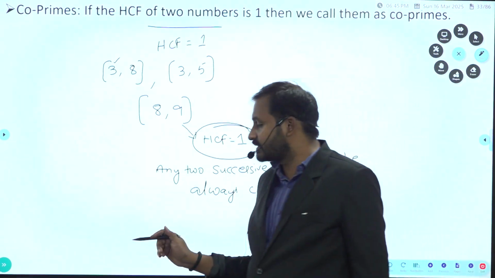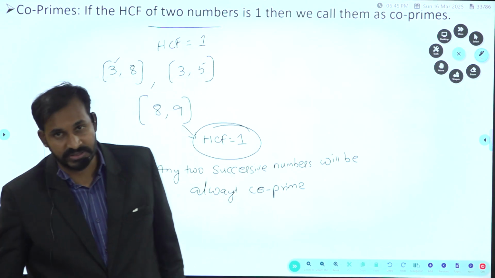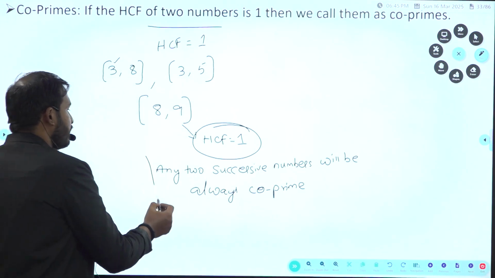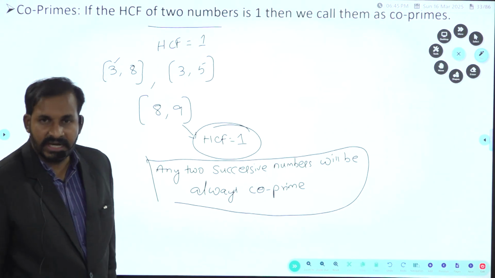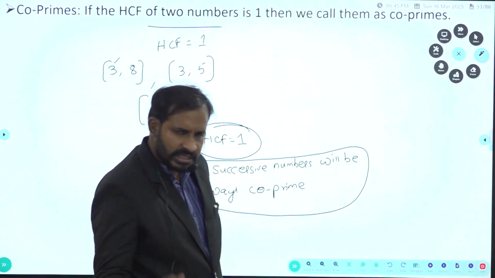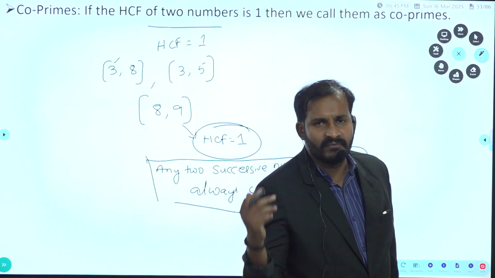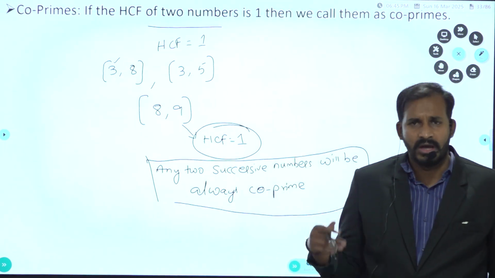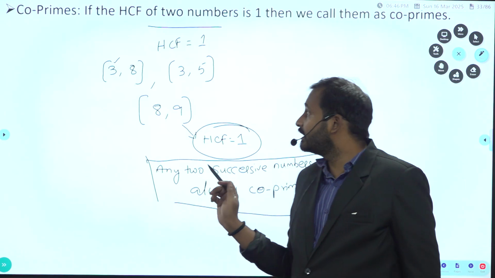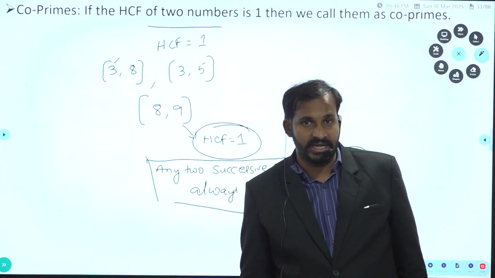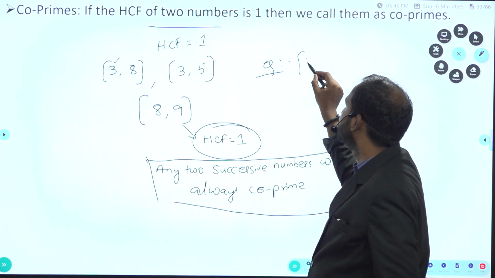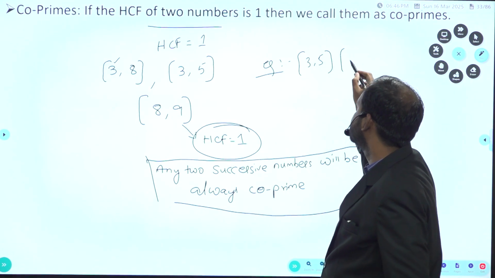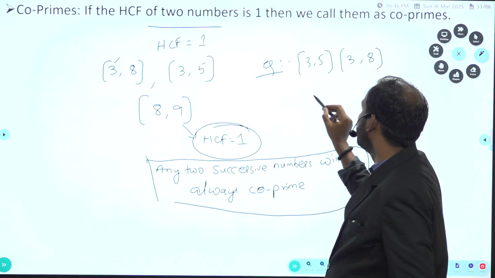Any two successive numbers will always be co-primes. Remember this one. So co-primes can contain any numbers, whether prime, composite, one prime and one composite, both primes or both composite numbers. Examples: you can write 3, 5, both prime numbers; 3, 8, one prime and one composite.